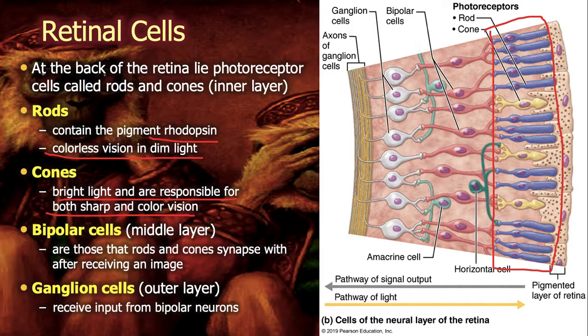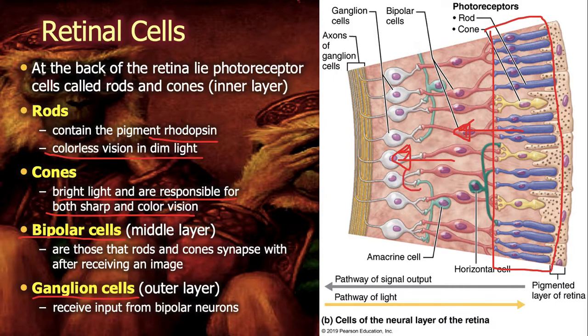Once they start an action potential, they are going to send information to this next layer of cells, these red cells. The red cells are the bipolar cells. Then the bipolar cells will send the information to the ganglion cells. The axons of the ganglion cells.